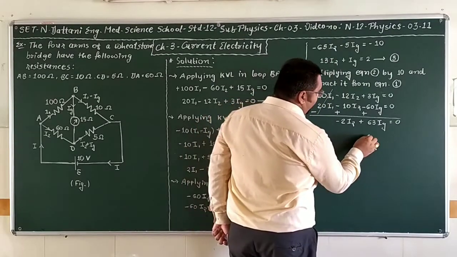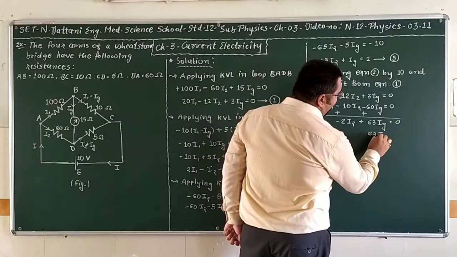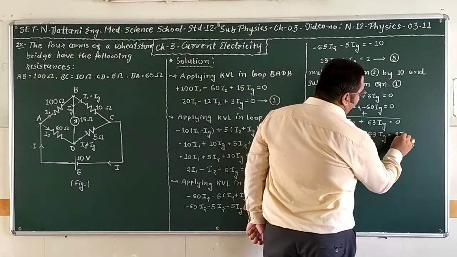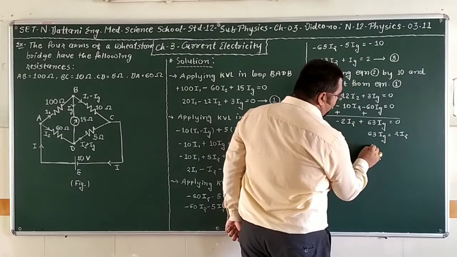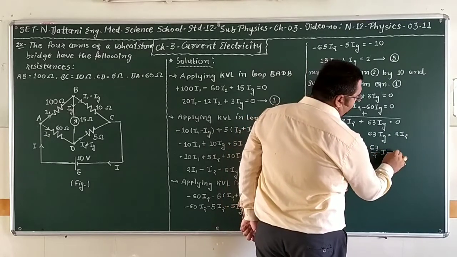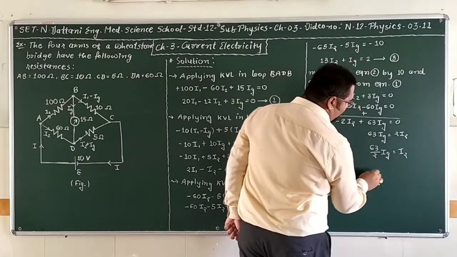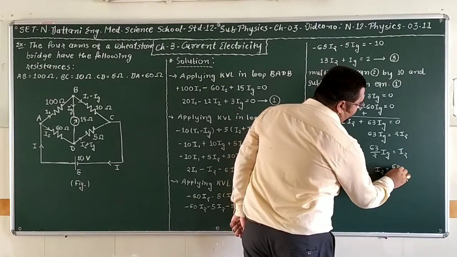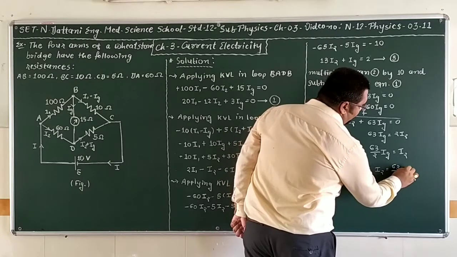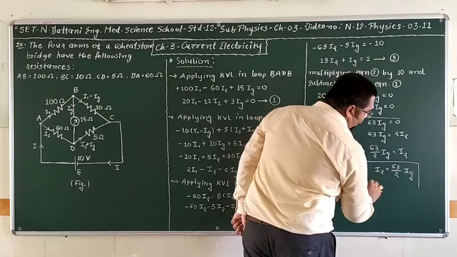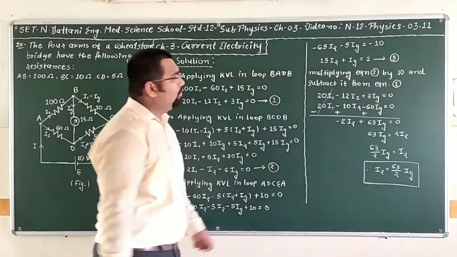So we can write here 63Ig is equal to 2I2, and 63 upon 2 Ig, that is I2. So we can write here I2 equal to 63 upon 2 Ig. So we have got the value of I2.